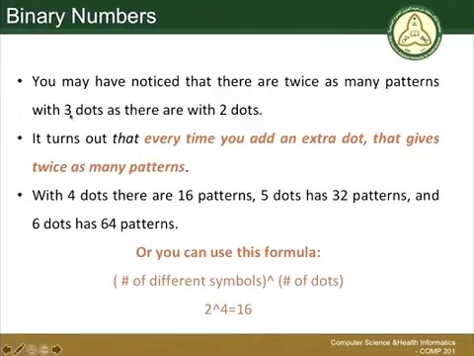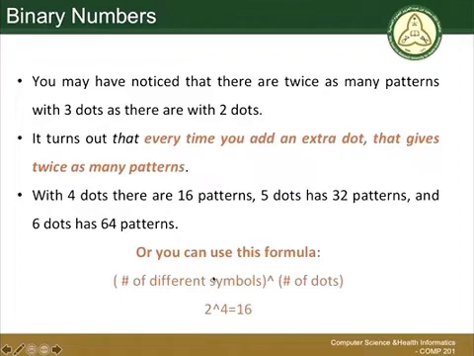Again, if you know the previous number of patterns and you increase the dots by 1, every time you add an extra dot, that gives you twice as many patterns. But if they give you the number of dots and say the system is binary, you can use this formula: the number of different symbols to the power of the number of dots.